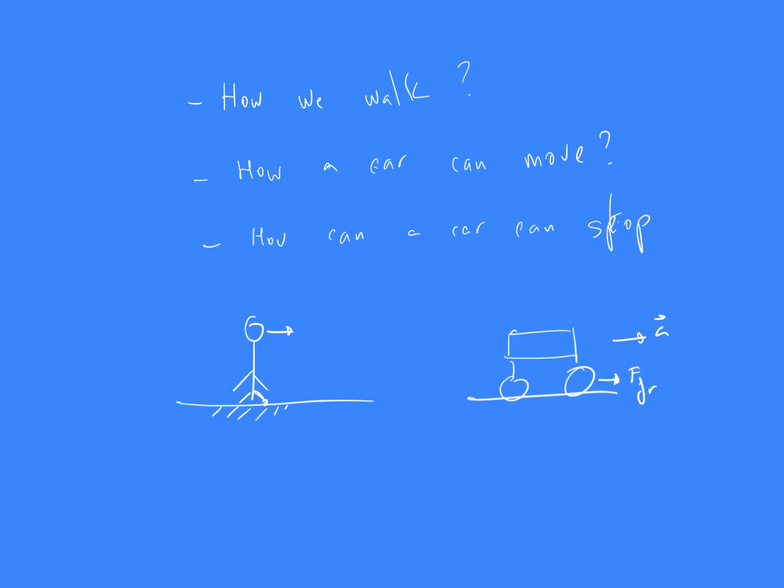So if this is the force that is acting, the car is acting on the floor with this force, and the floor is acting on the car with this friction force. And this friction force is the one that makes it possible for the object to accelerate, to change its velocity, to start moving.